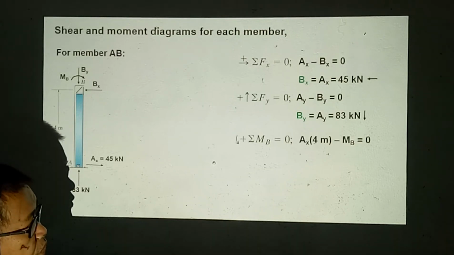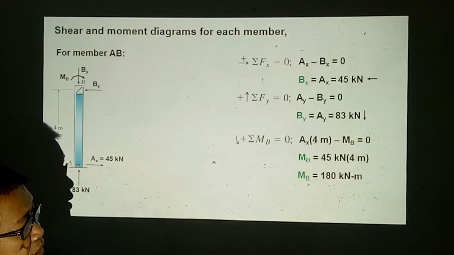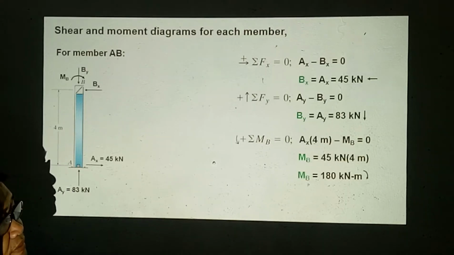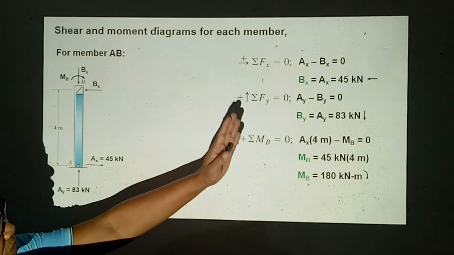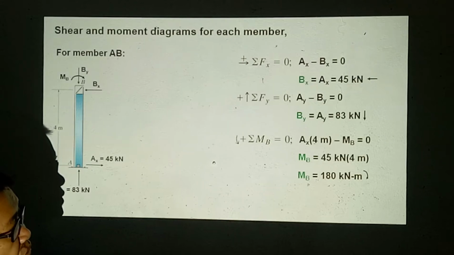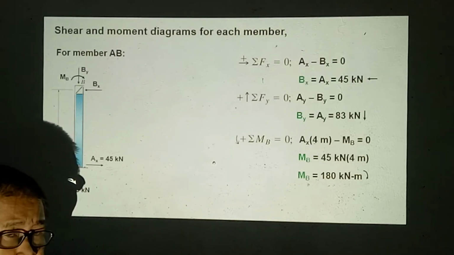Ax times 4 meters minus MB equals 0, or MB is equal to 45 times 4, 180 kilonewton meters, directed clockwise.